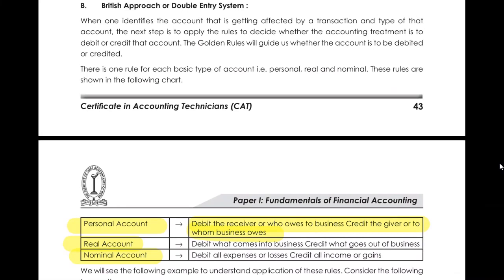The business has to pay money to someone, so that would be credited. Real account, debit what comes into the business, and credit what goes out of the business. And last is the nominal account, debit all expenses or losses, credit all gains and income. So those are the three accounts which we use.